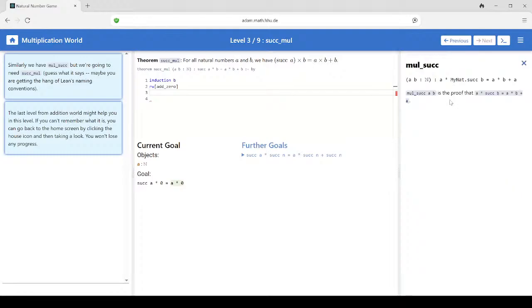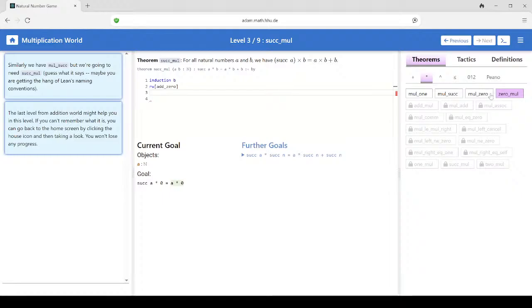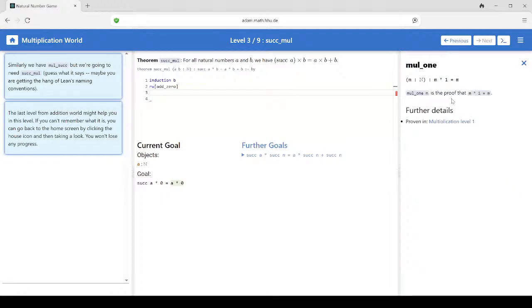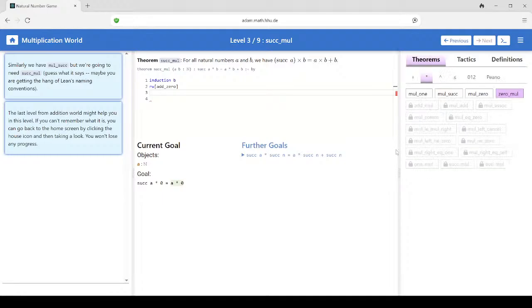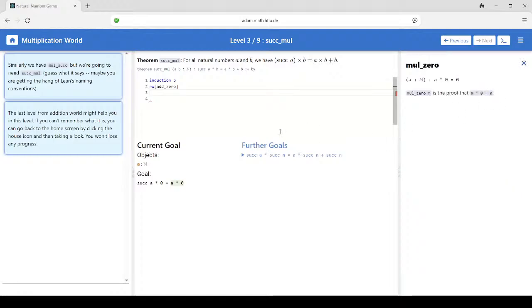What else can I use? Multiply successor. Oh, I could use anything times 0 is 0.